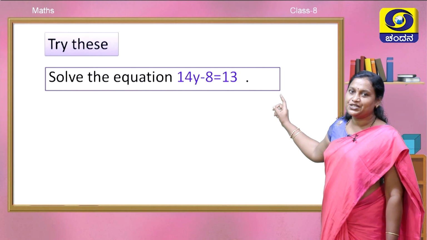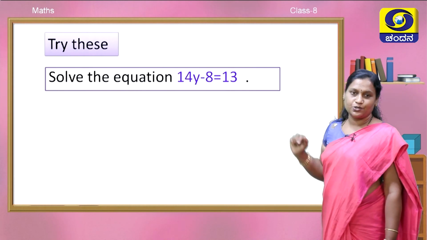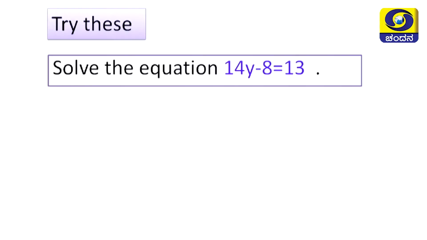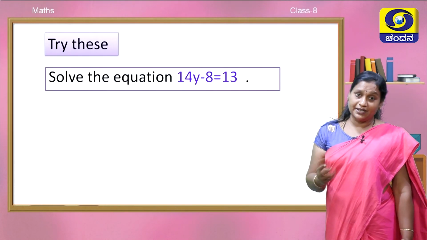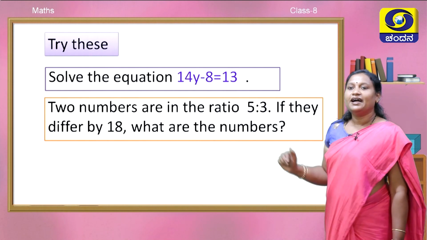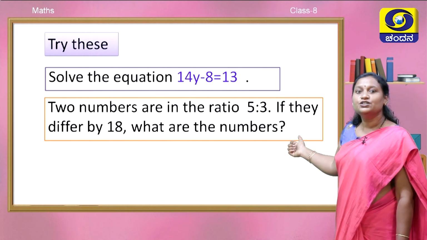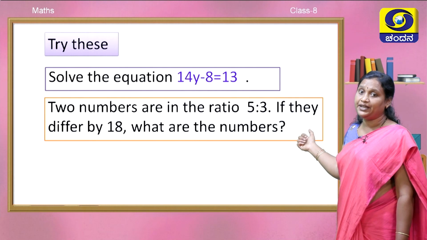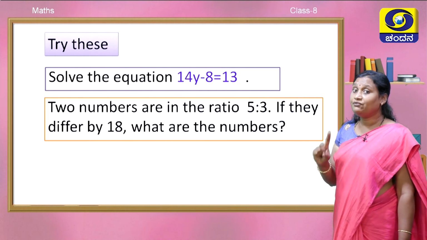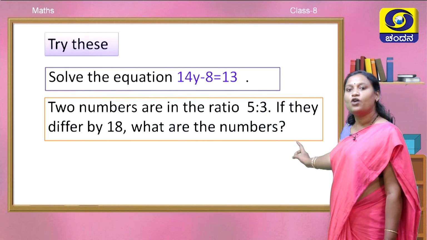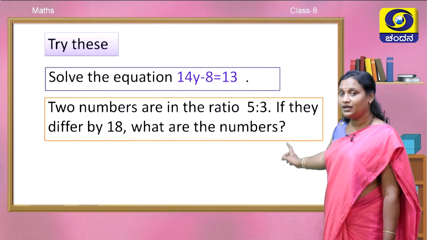Solve the equation 4y minus 8 is equal to 13. Very simple equation. I know many of you are already solving it. And there is one more question. Two numbers are in the ratio 5:3 if they differ by 18. Remember, if they differ by 18, what are the numbers? Did you take it down?